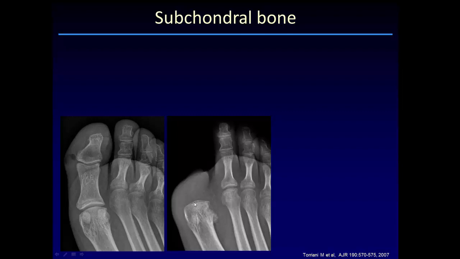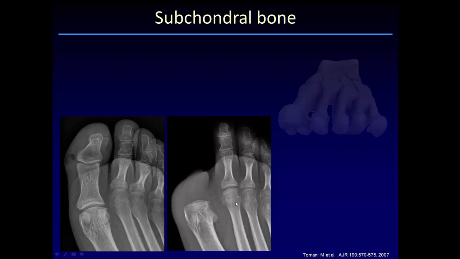We can see the osteoporosis developing from disuse in the subchondral bone plate, but if you look carefully, look at what's happened to the head of the second metatarsal. It's got sclerosis, it's smaller, and its shape has changed.